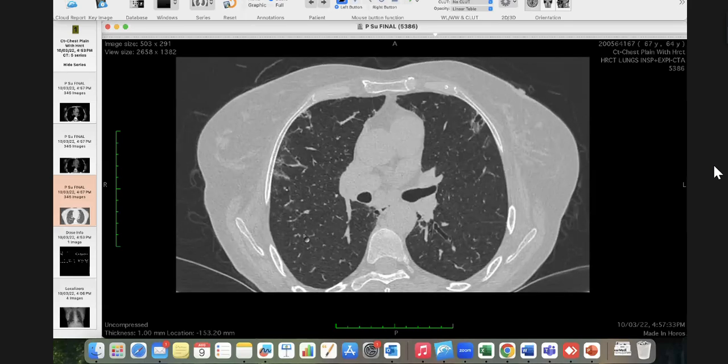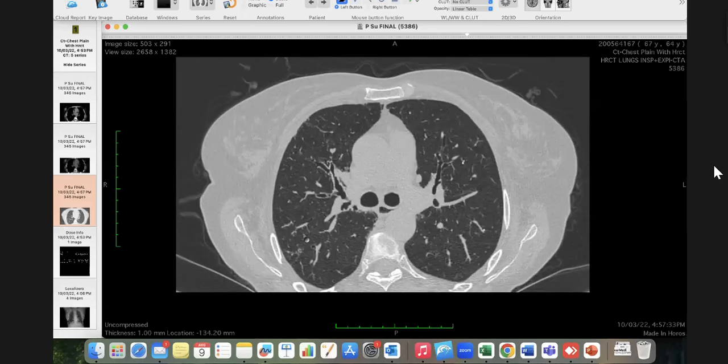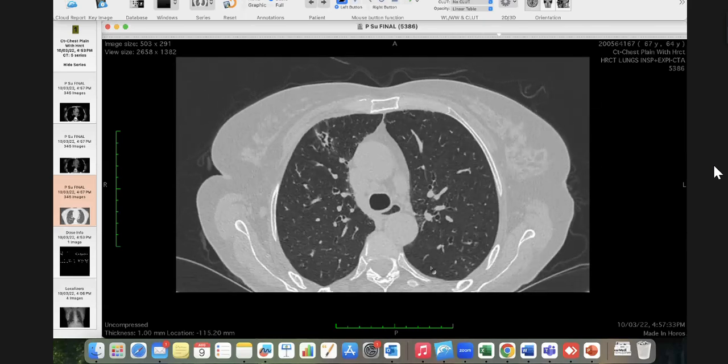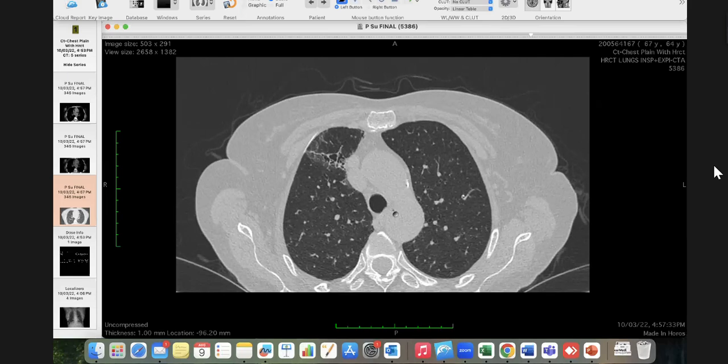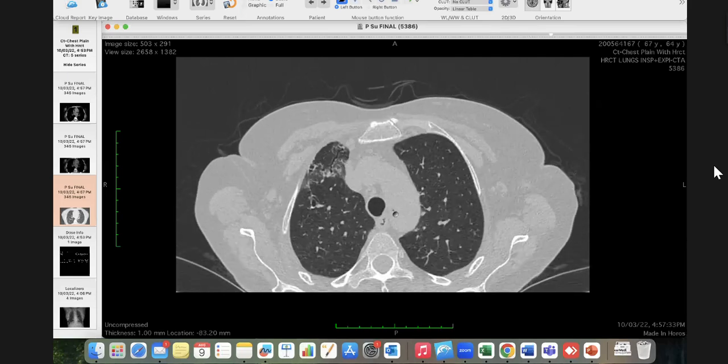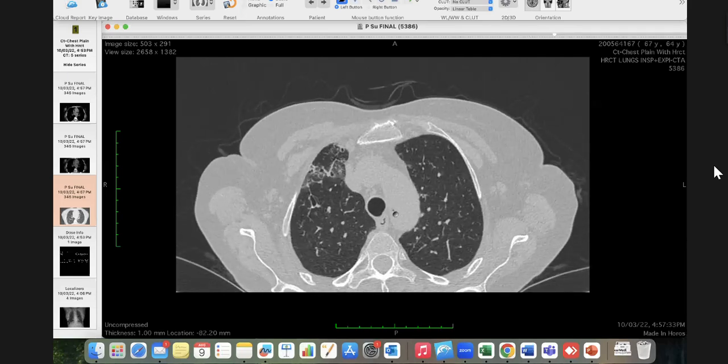So I have shown you two cases which suggest, and again you see the dilated esophagus as well, connective tissue ILD. And the aim of showing you these two cases is that as a radiologist, it is my duty not to label everything as UIP and put it in the bucket of idiopathic pulmonary fibrosis.